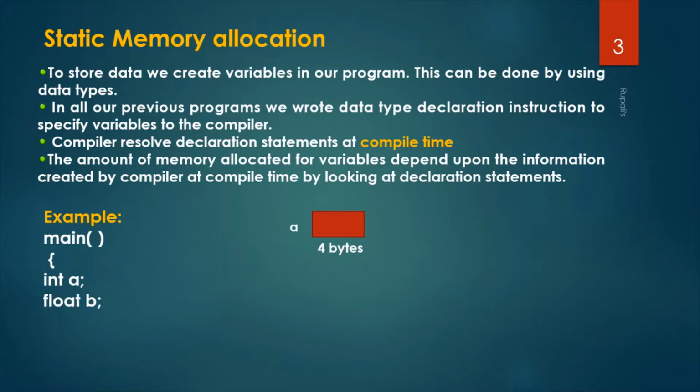Same for float b, the compiler allocates 4 bytes for the b variable. And int x[5], so the compiler allocates for this array, because it is an integer array, 5 into 4, 20 bytes at the time of compilation. So the compiler resolves declaration statements at compile time.